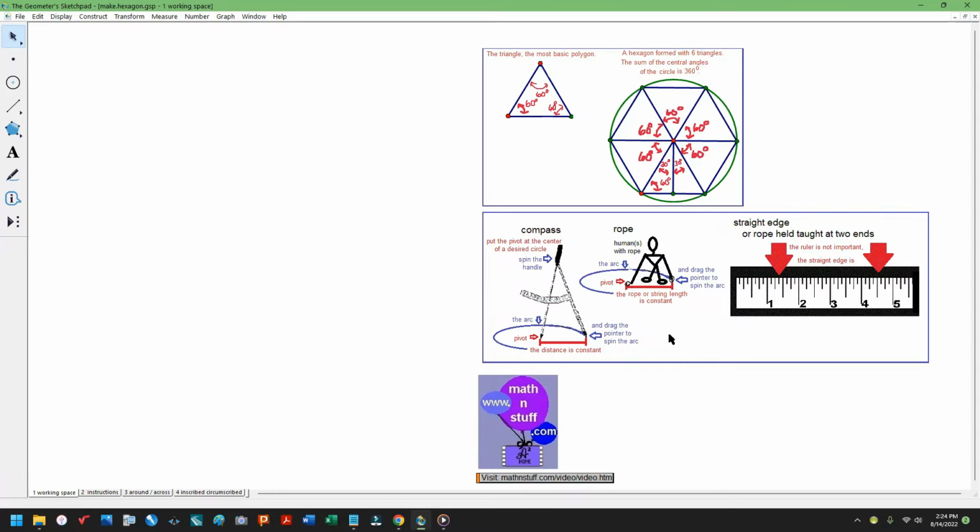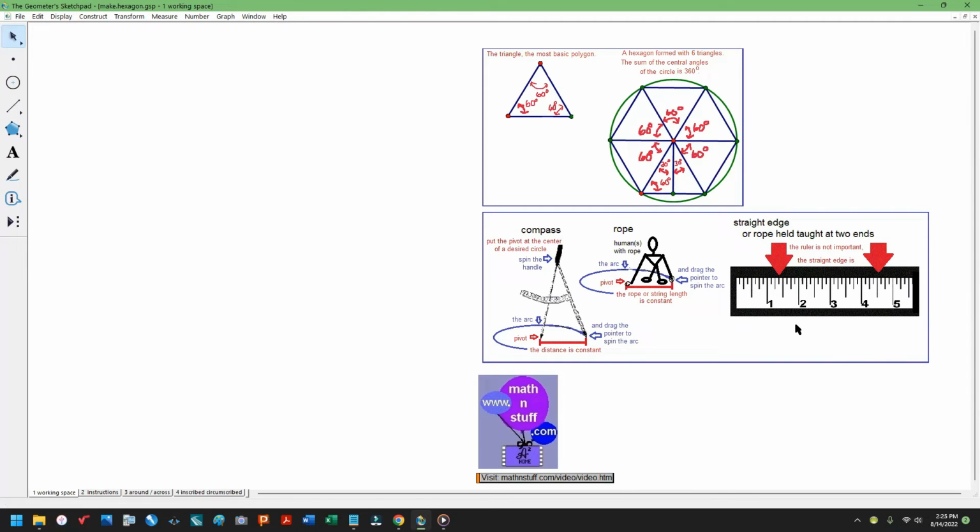I believe that's how they built Stonehenge, and Göbekli Tepe. If you don't know what that is, go search on it. You also need a straight edge, which could be a ruler.